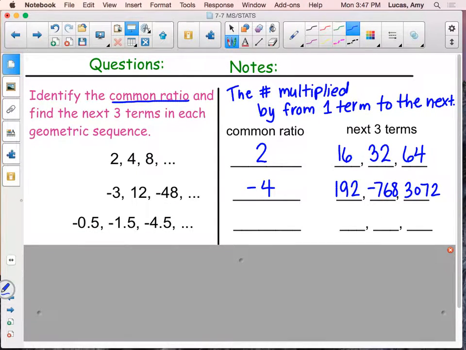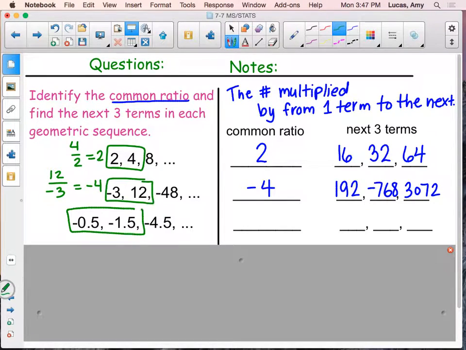Our next problem, you may not be as good at figuring out common ratios when you're working with decimals. So now would be a good time for me to point out that if you take two of your terms and you take the second term and divide it by the first one, that will give you your common ratio.